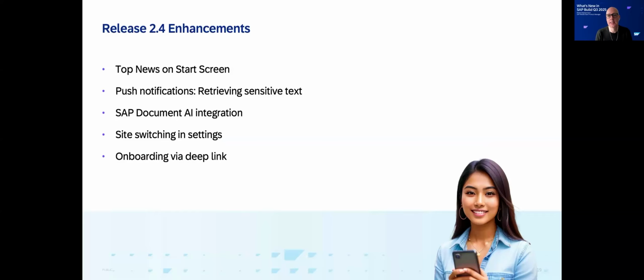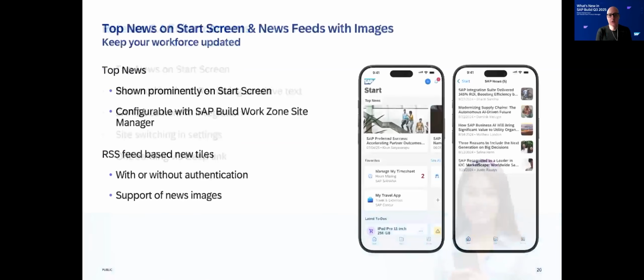We delivered an additional AI capability by integrating SAP Document AI. We enabled site switching across the two operating systems that we are supporting, Android and Apple iOS. And we now also enable onboarding via a deep link that the administrator can send out to the end user. Let's start with the top news.